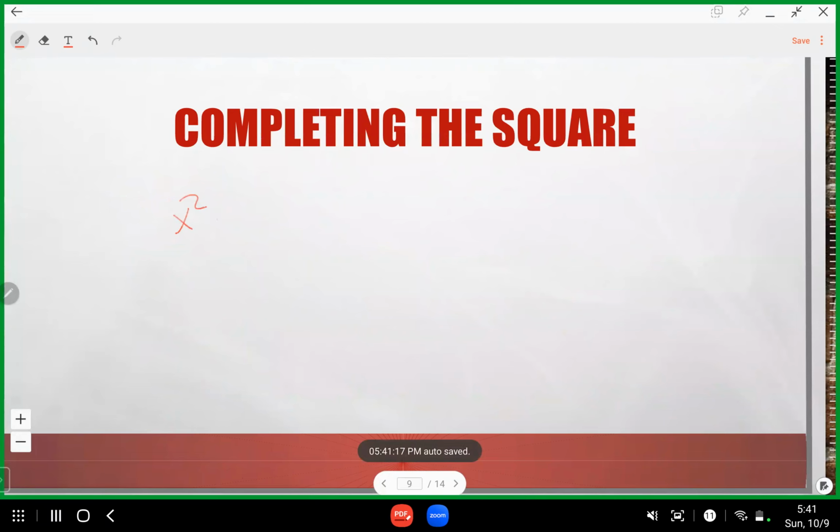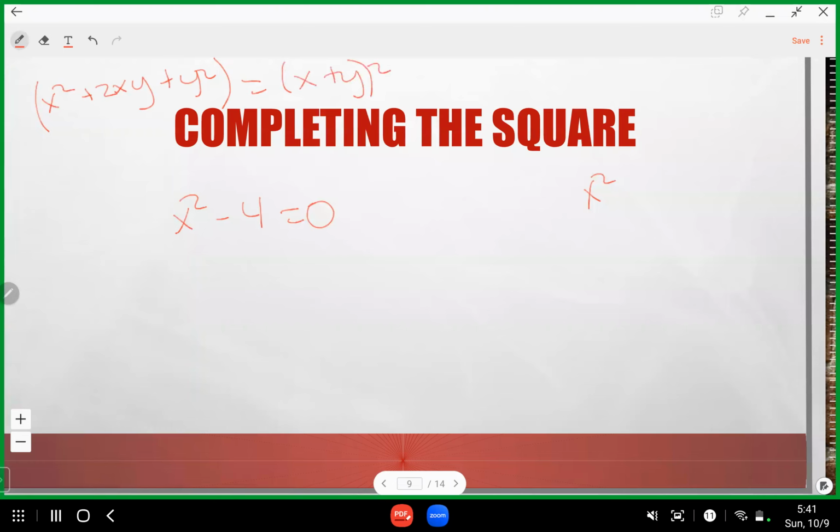The idea with completing the square is, do you guys remember this formula? This is equal to x plus y squared, and we want to exploit this. Let's say hypothetically you have x squared plus 2xy equal to 0. What can you do to create this?